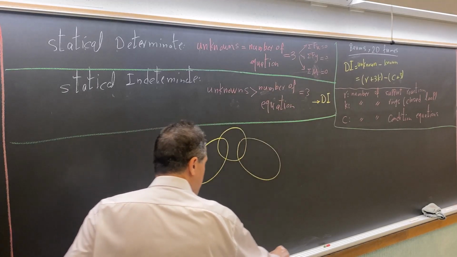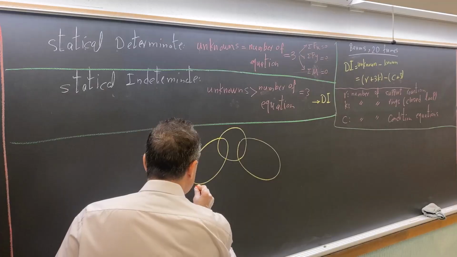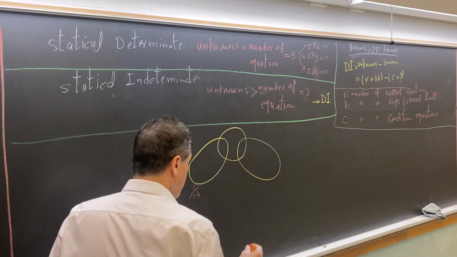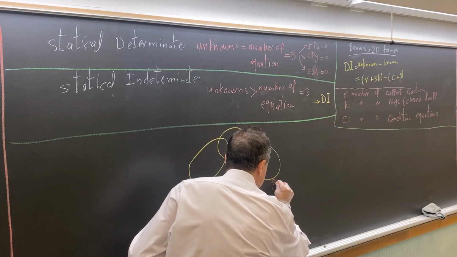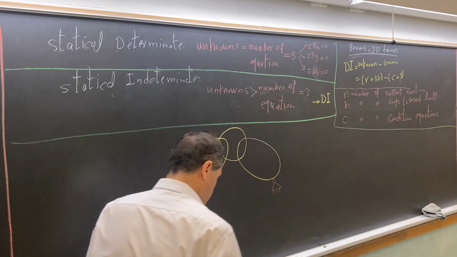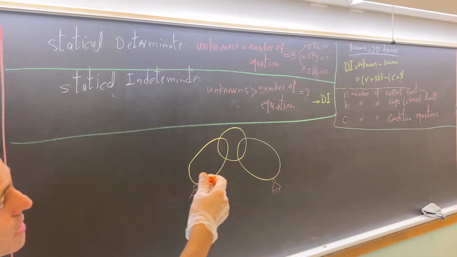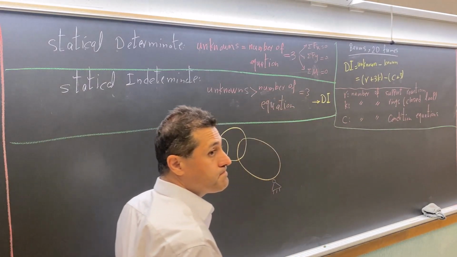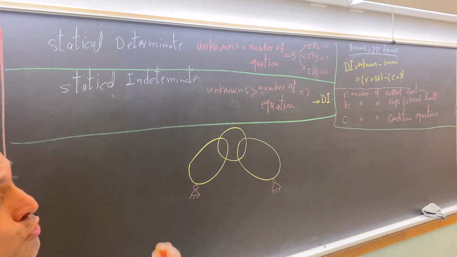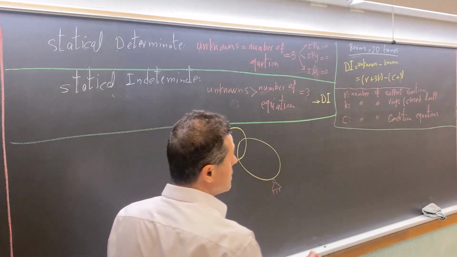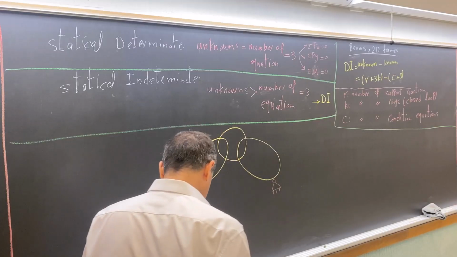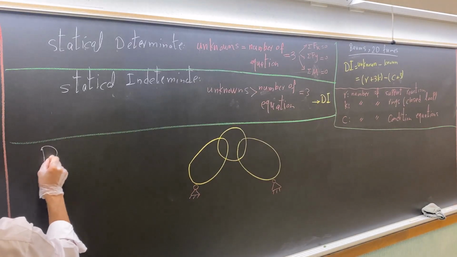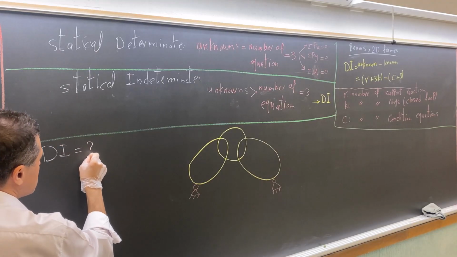And then they are sitting on a pin support, and here another pin support. We are going to analyze this structure based on that formula, and then we will look into the proof of that formula because you need to know what the proof is. So the question is asking to find the degree of indeterminacy for this structure.